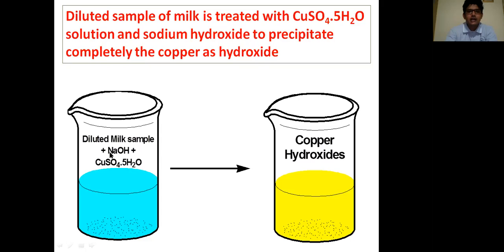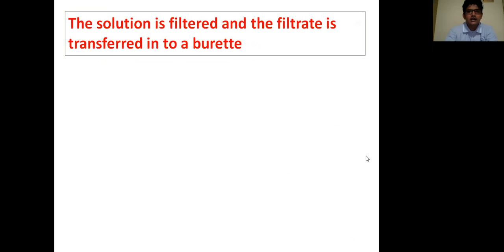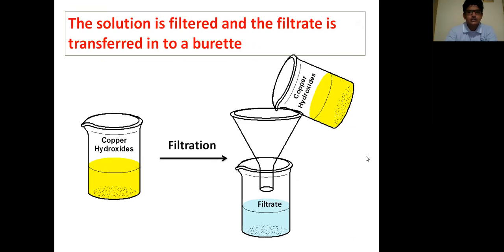When we add NaOH, all the copper will precipitate as copper hydroxide. Next, the solution is filtered and the filtrate is transferred into a burette. Here it is shown that the copper hydroxide precipitate solution is filtered, and the filtrate and precipitate are separated. This filtrate is then transferred into the burette and taken for titration.